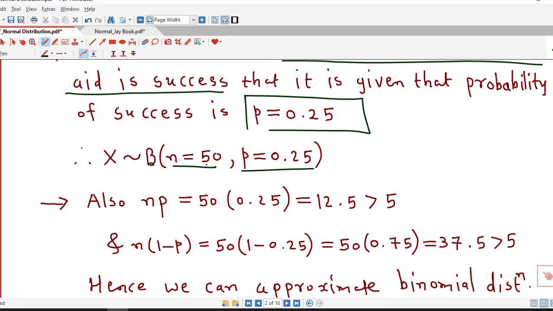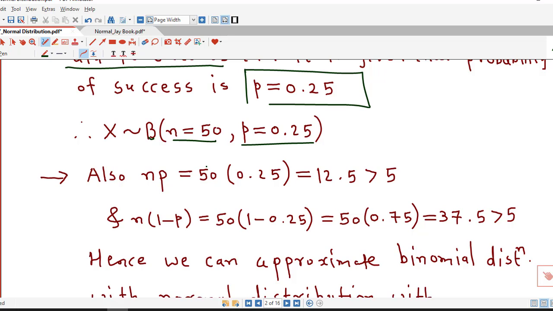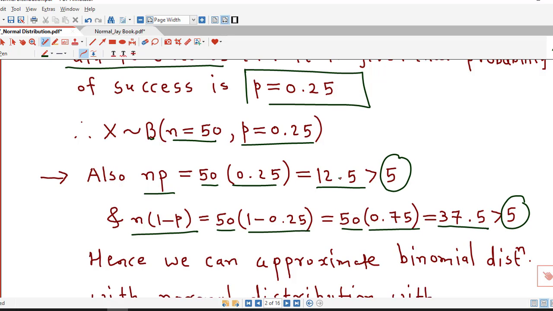Now we check whether it is possible to apply normal distribution. So we find n into p. N is 50, p is 0.25, so it is 12.5, and n into 1 minus p is 50 times 0.75, which is 37.5. So you can see both are greater than 5, 12.5 and 37.5.